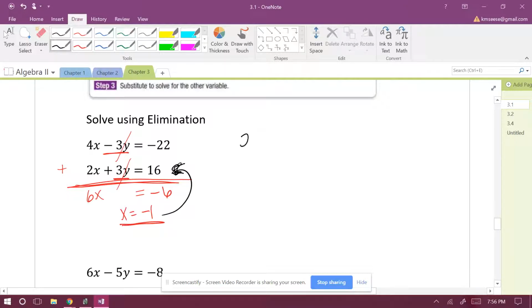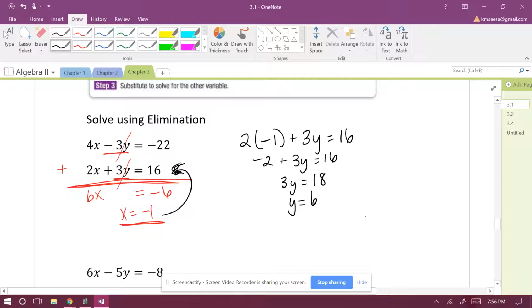So 2 times x, that's negative 1, plus 3y equals 16, gives me negative 2 plus 3y equals 16. So 3y, add the 2 over, equals 18, and I come down to y equals 6. So my ordered pair here is (negative 1, 6).